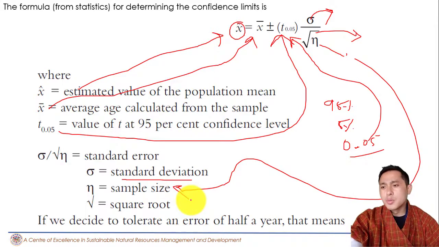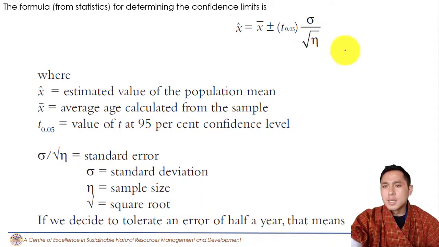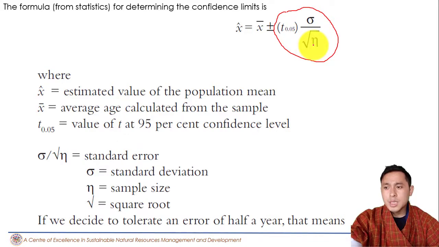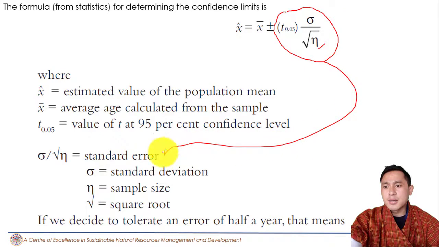So we have everything in this formula. The t 0.05 times sigma divided by the square root of the sample size is basically the standard error. So you can also simply say this is the error.